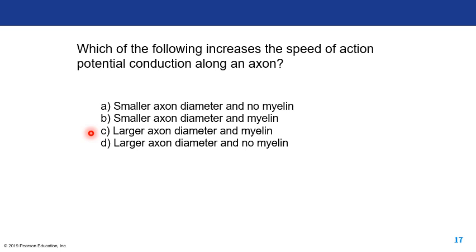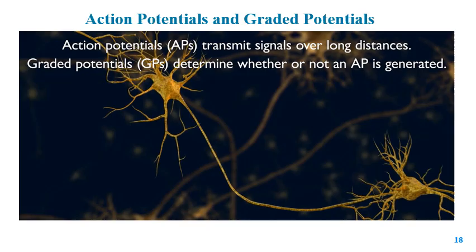Does anybody need more time? No? Everybody got your points? Okay, so I'm going to stop it. What is your answer? C. Okay, so there's going to be large axon diameter and myelinated.